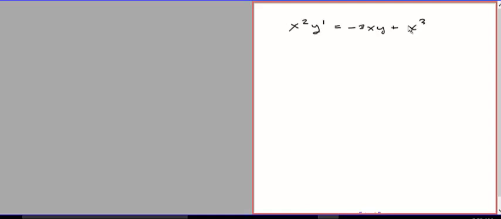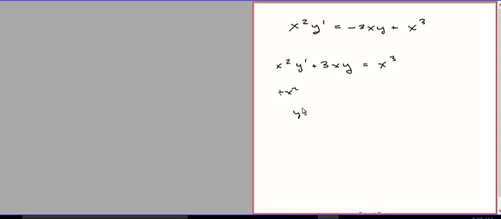So this is a first order linear differential equation. The first step is to put it in standard form. So what we would do is move the term involving y to the left-hand side so that all the terms involving y or y prime are on the left-hand side. And then we have to get into a form of y prime plus p of x times y is equal to q of x. So you can see I have y prime times x squared, so I'm going to have to divide everything by x squared.